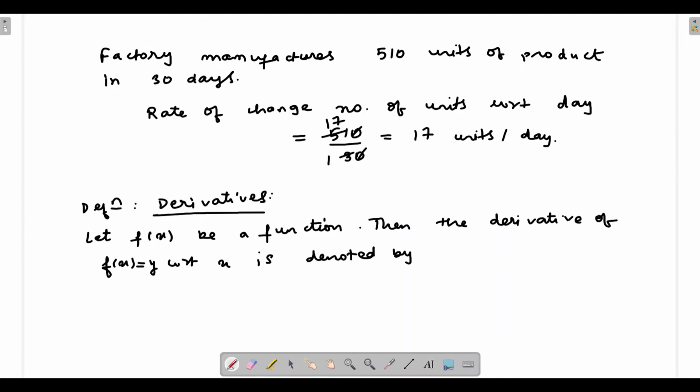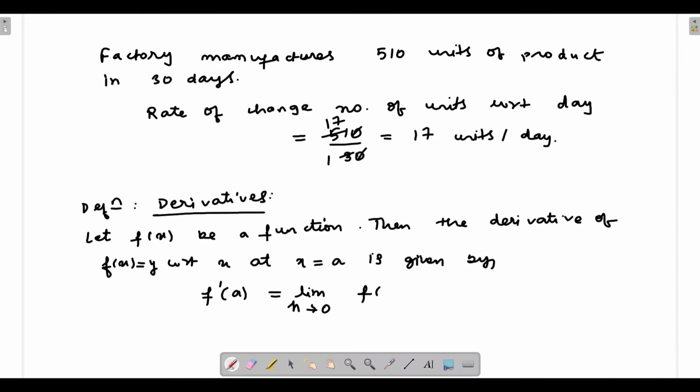and of course we have to take this at a point, at x equal to a. So the derivative of f(x) equal to y with respect to x at x equal to a is given by f prime of a is equal to limit h tends to 0 of f of a plus h minus f of a divided by h, right?